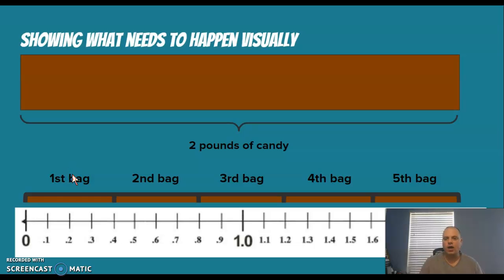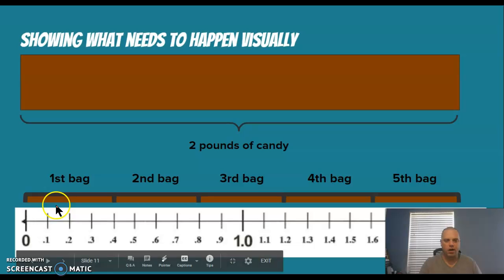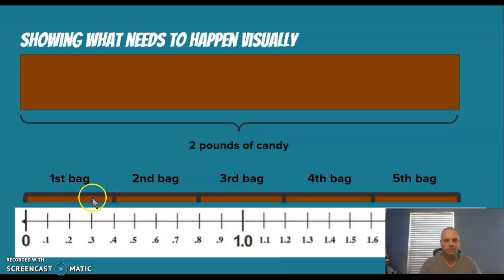So here we are without all the extra words. I started off with my 2 pounds, and I took my first bag and I measured it off, and you can see that it's right here. The first bag has 4/10 of a pound. The second bag has 4/10 of a pound. The third bag has 4/10 of a pound.